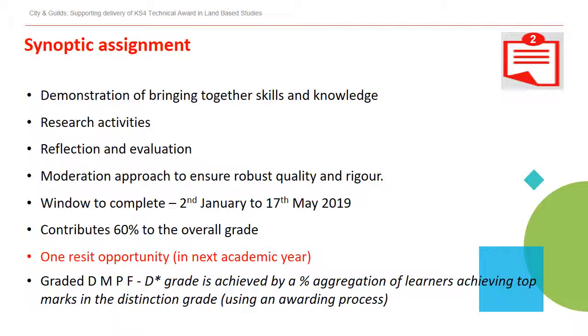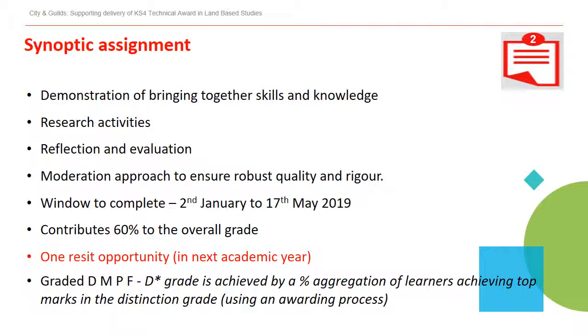The window to complete this land-based studies synoptic assignment can be undertaken from the 2nd of January through to the 17th of May 2019. As already stated, it contributes 60% to the overall grade, and there is one resit opportunity, albeit in the next academic year.